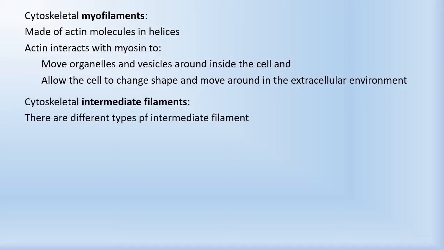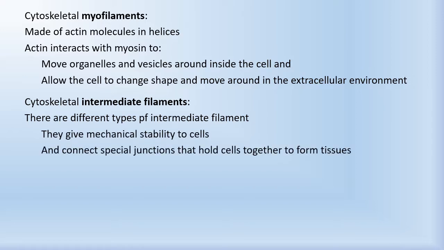Intermediate filaments especially give stability to cells that have to withstand mechanical stress. They connect the special junctions that hold cells together to form tissues, and we will look at the junctions during the module.